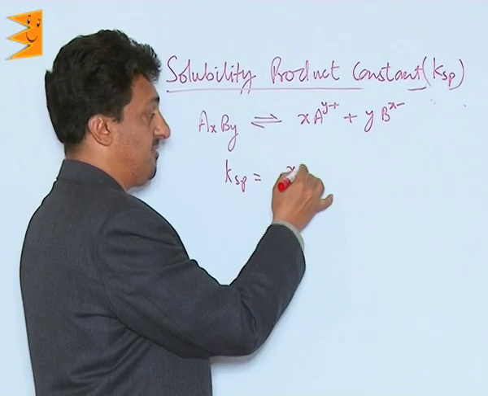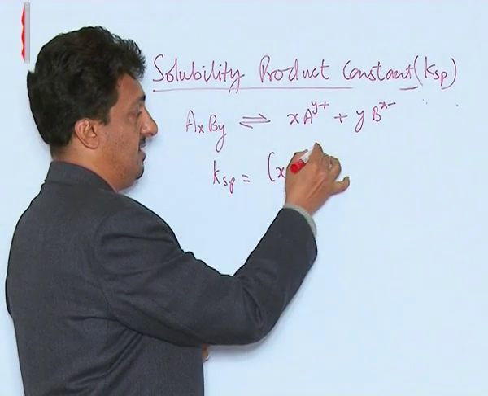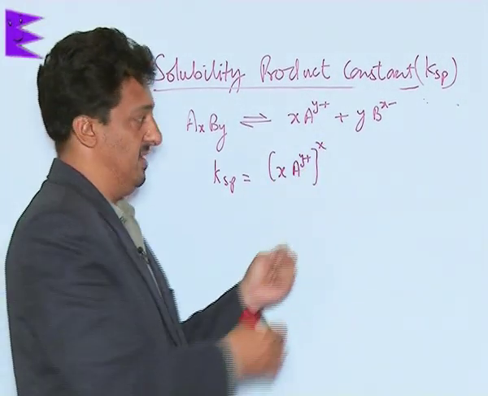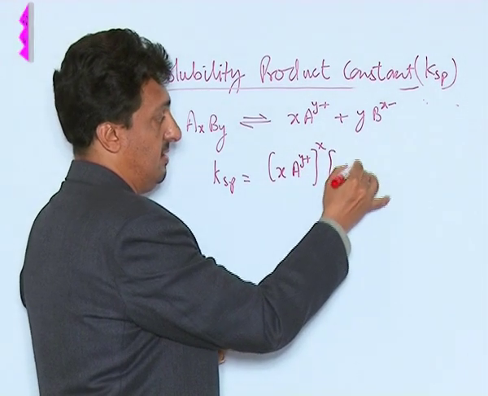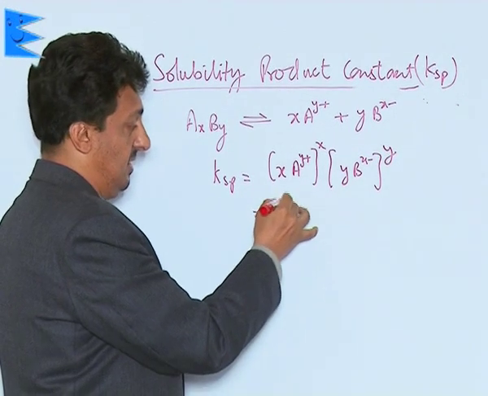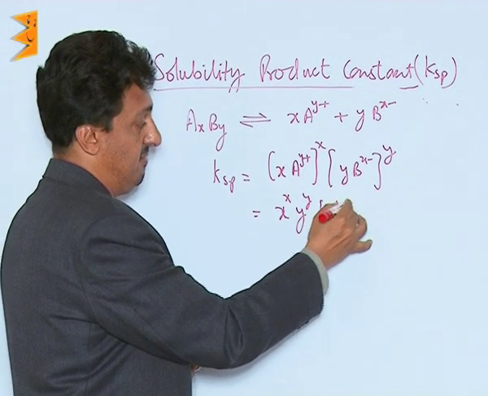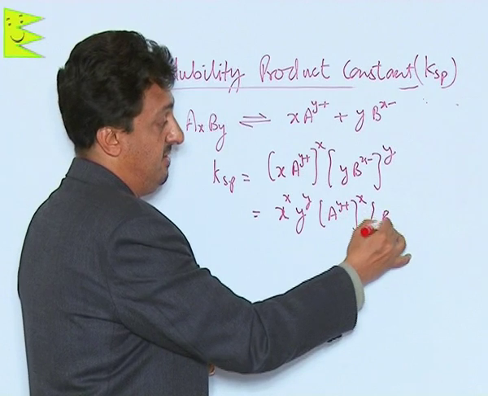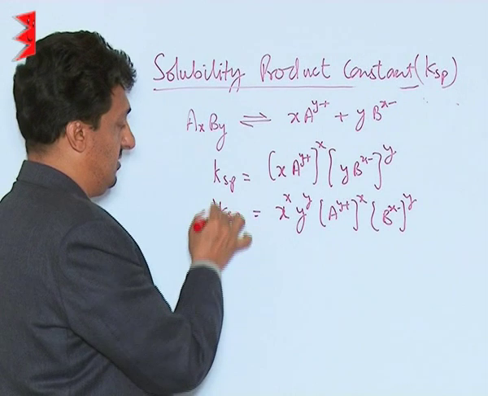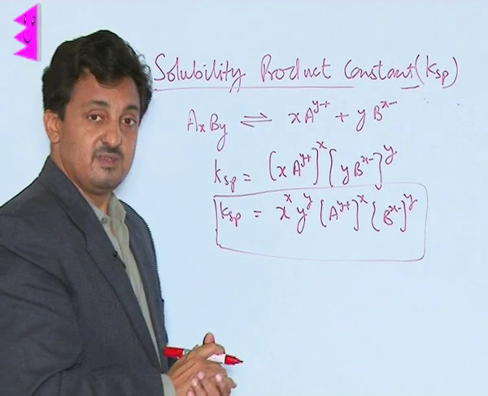It will be x times [A^y+] to the power x, because if it is twice, it has to be multiplied by twice, and the same becomes the power, and y times [B^x-] to the power y. How will we open it? x to the power x, y to the power y, [A^y+] to the power x, [B^x-] to the power y. This will be your Ksp. So this is how we find the expression for Ksp.